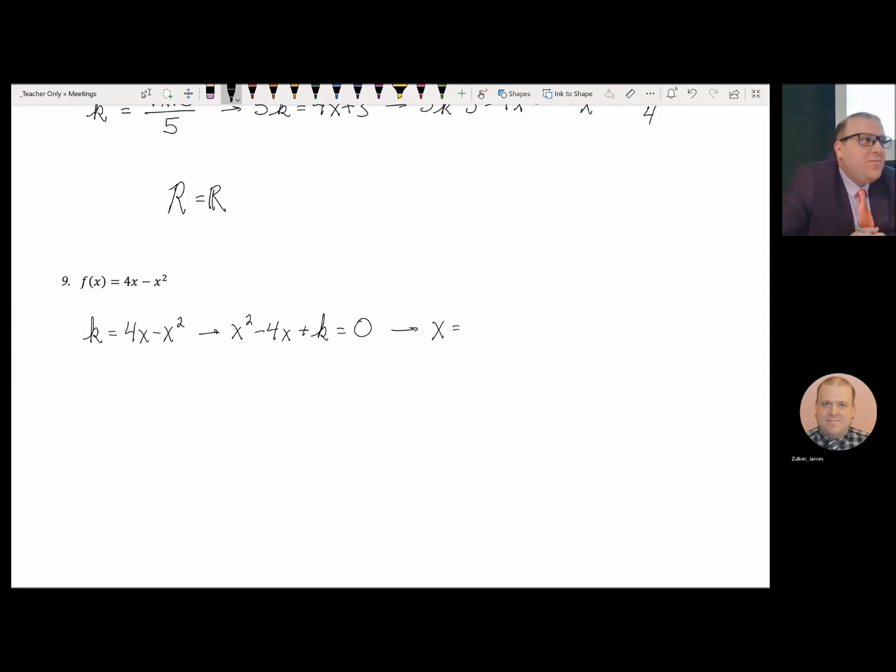What is the quadratic formula? x equals negative b plus or minus the square root of b squared minus 4ac, all over 2a. Now do that for this problem. Negative 4 plus or minus the square root of 4 squared, which is 16, minus 4k, all over 2. That's the quadratic formula.